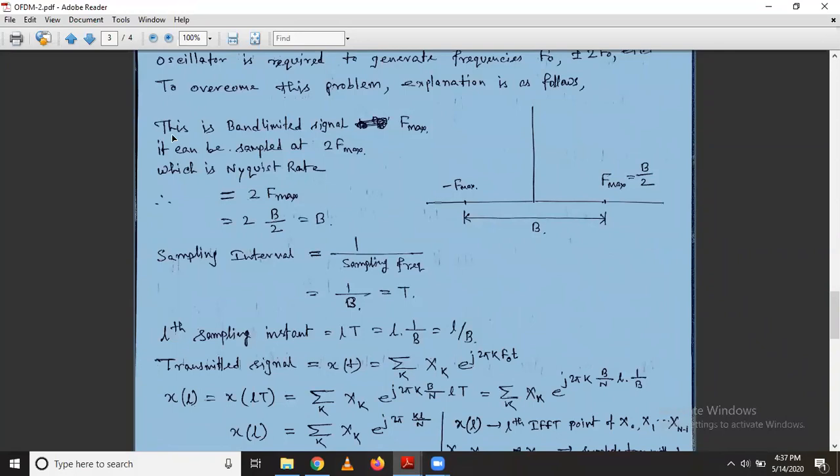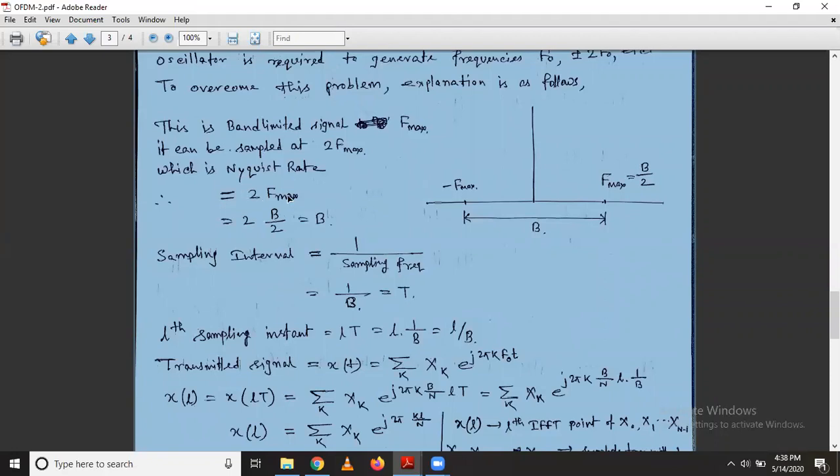Now, to overcome this problem, total bandwidth is this one. Maximum frequency is B by 2 this side, B by 2 also this side. So, if you are applying Nyquist rate here, Nyquist rate is 2 into FM.